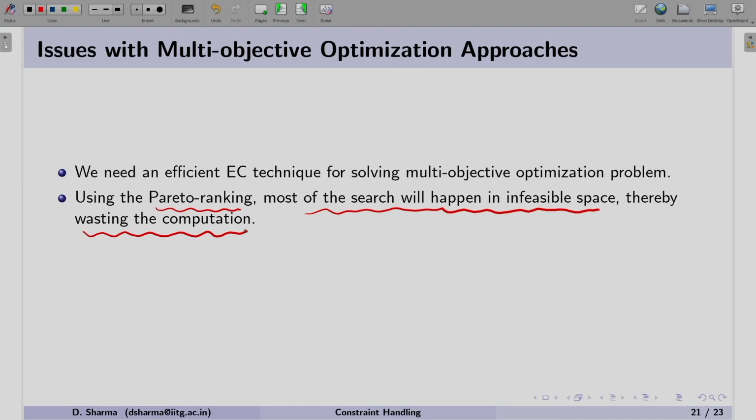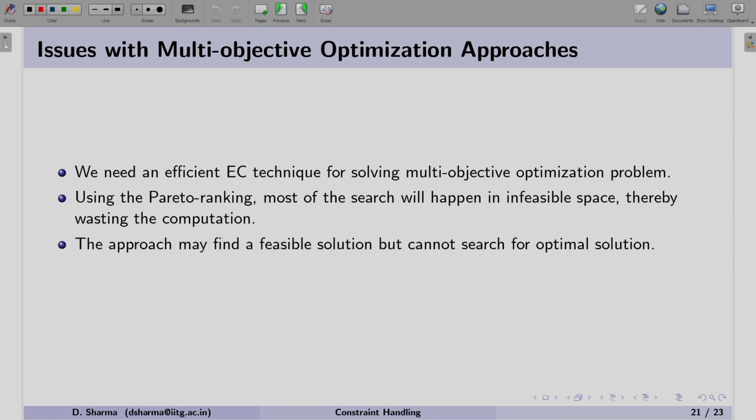If the solution is infeasible, the objective function will still have some value. So every time we perform this Pareto ranking, we are actually performing it for infeasible solutions, and therefore a lot of computation will be wasted on this extra computing compared to single objective optimization.